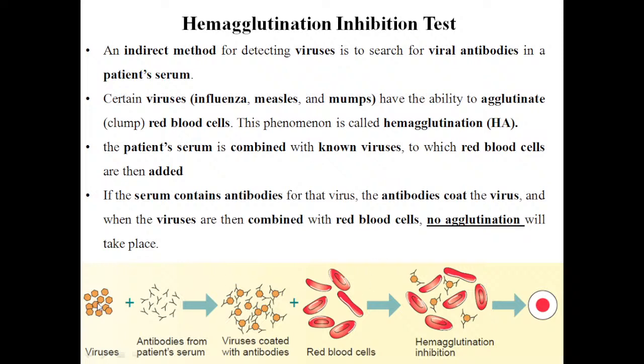Let's look at this diagram. These are known viruses, for example influenza, and these are antibodies from the serum of a patient whom we suspect has influenza.